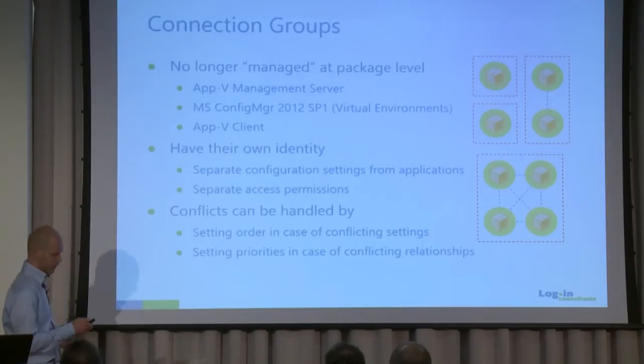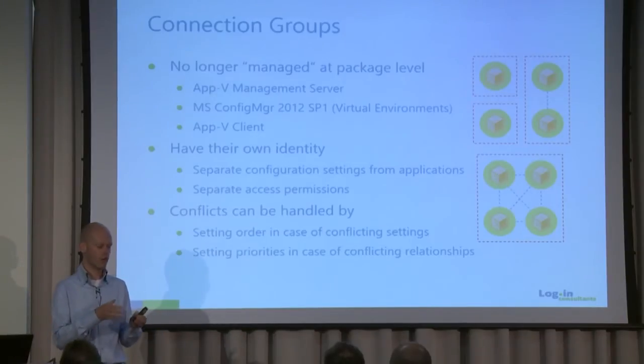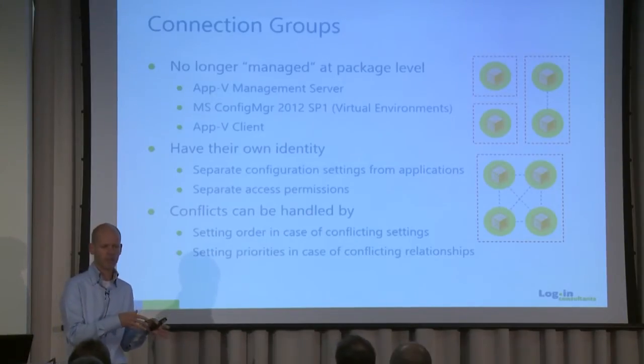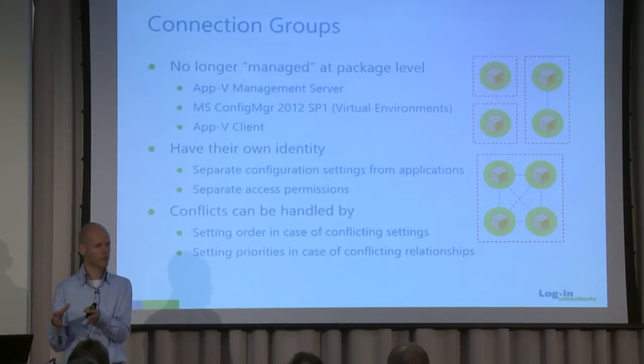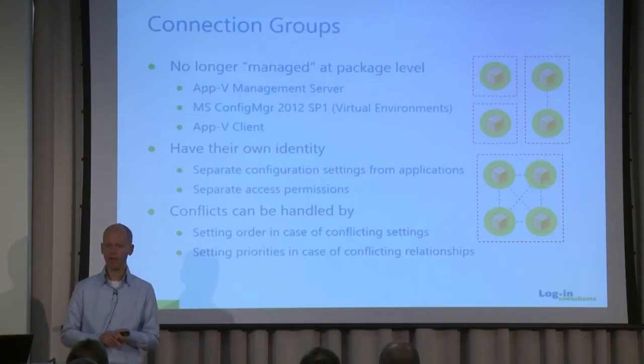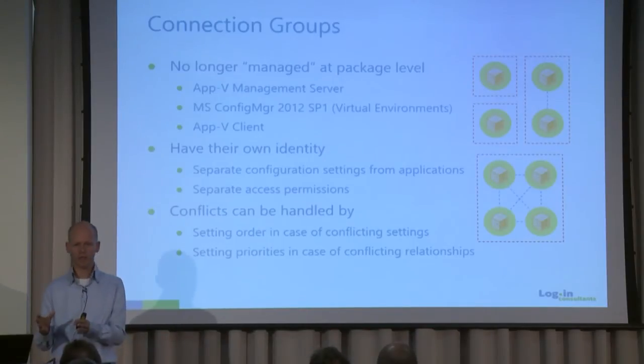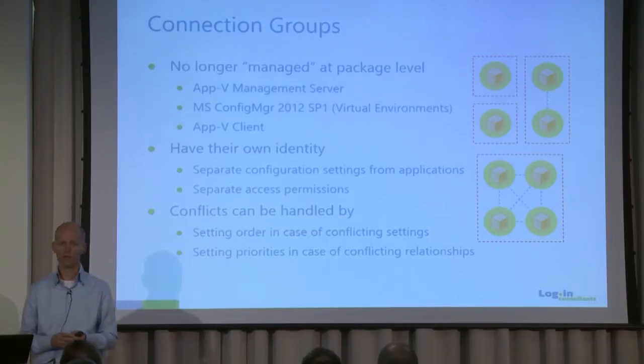You have to be aware that connection groups have their own identity, which means that in AppV4, we are familiar with the fact that the application settings are stored separately from the initial application state. That works the same way in AppV5, but also works for connection groups, which means an application can have its own delta set of configuration, but when an application is part of a connection group, that connection group will also hold that configuration set.